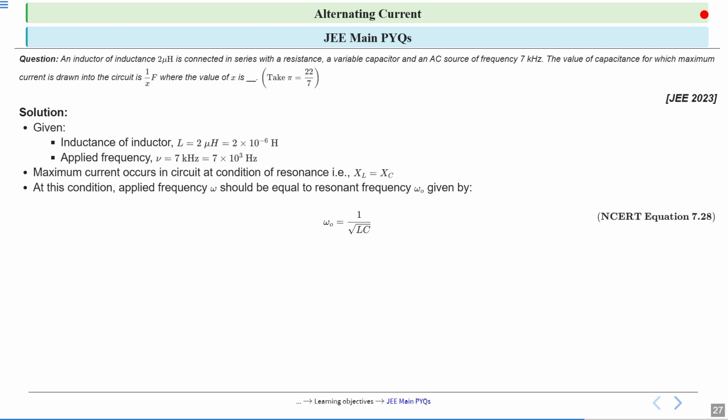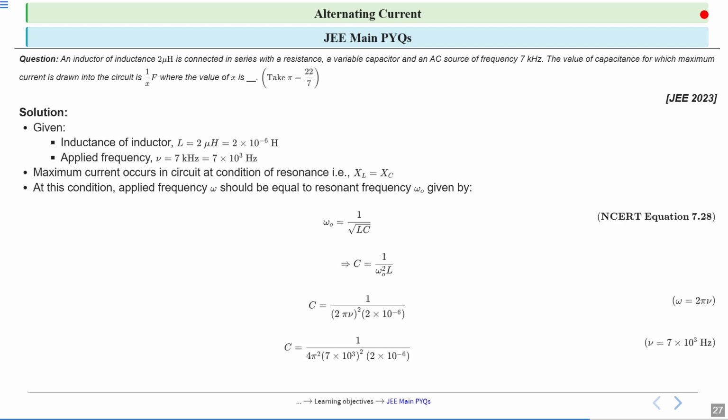Now we'll put in the values of L and omega naught. Omega naught we can calculate by 2 pi nu, and nu is given. So C can be calculated. After squaring on both sides and rearranging, C will be equal to 1 upon omega naught square L. Omega naught is 2 pi nu, so C equals 1 upon 2 pi nu square into 2 into 10 to the power minus 6.